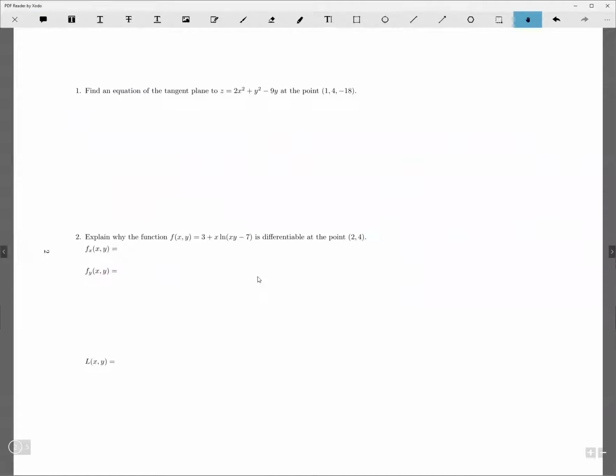Okay, let's go to the homework. Number 1 is to find an equation of the tangent plane to this function here at the point 1, 4, negative 18.